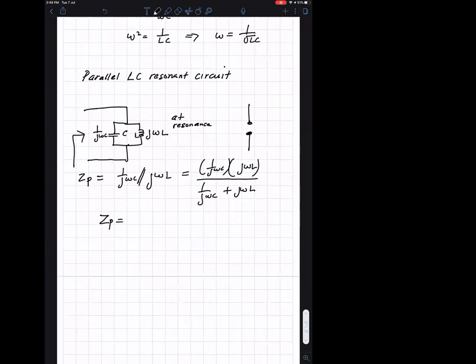Multiply top and bottom by j omega C, and you will get j omega L plus, I don't know how you're going to do it, but try to do it. Somehow you can derive an equation for omega in terms of LC.